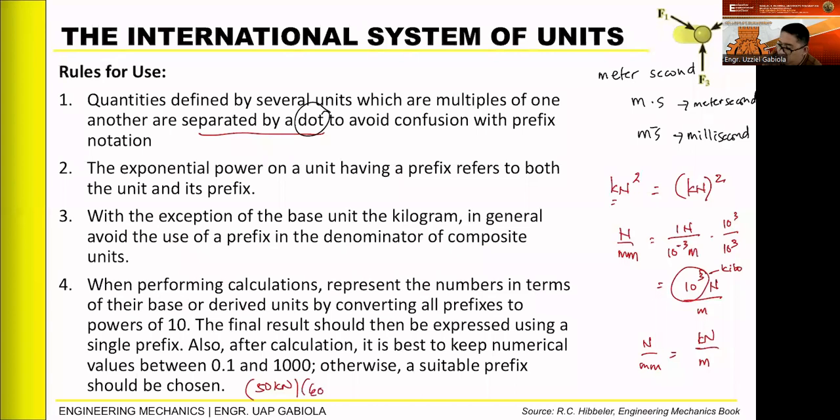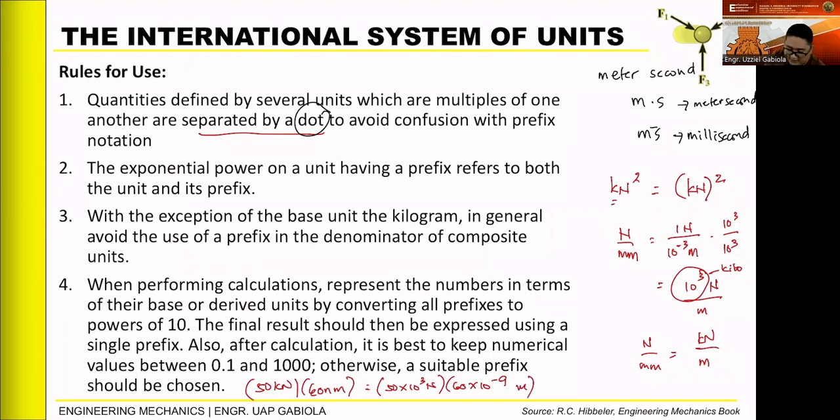So, paano mo multiply yan? Sabi niya, i-change mo muna yung prefix natin into powers of 10. So, si kilonewton is 50 times 10 cube N. Si nano is 60 times 10 negative 9 meters. Okay?